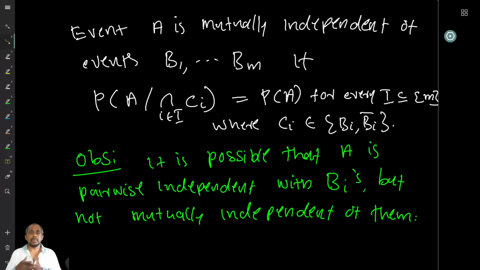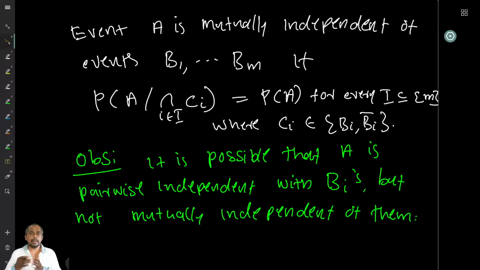This confusion happens because often pairwise relations are much stronger than, for example, sets can be pairwise. I mean, the intersection of a set of sets could be empty, right? But pairwise they are not disjoint.